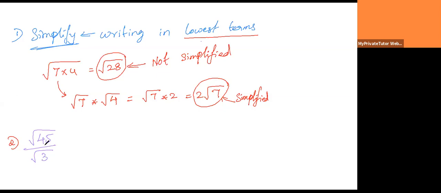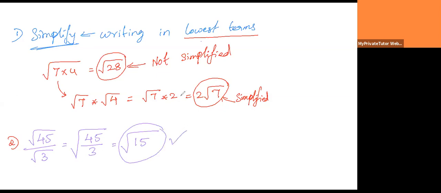Okay, so let's try and simplify. Just write it in a single term, 45 divided by 3, and then just divide. So what is 45 divided by 3? 15, right? So that's it. This is the answer.